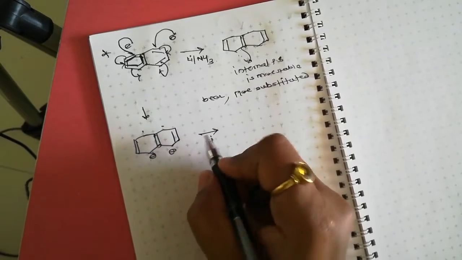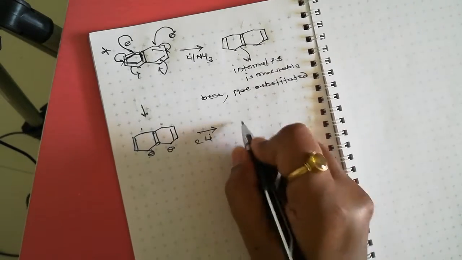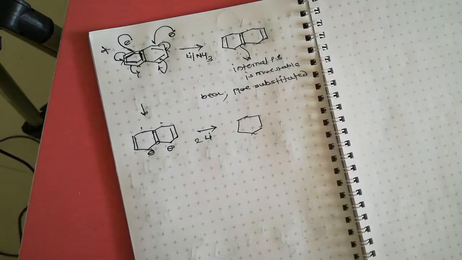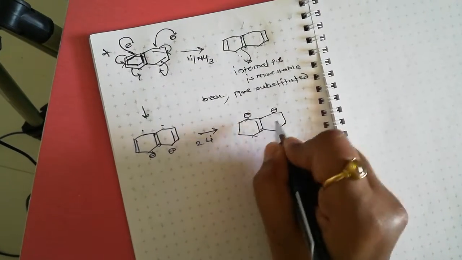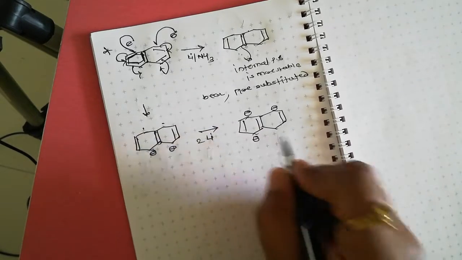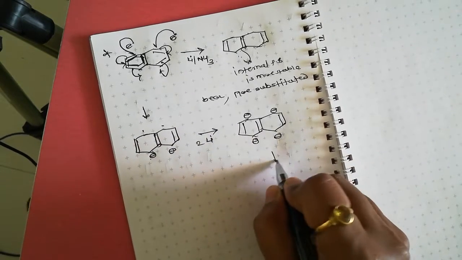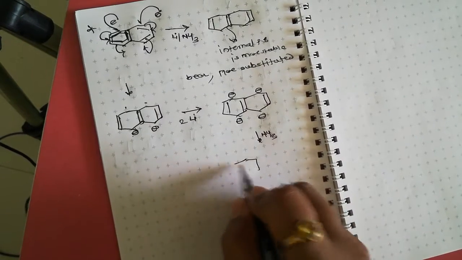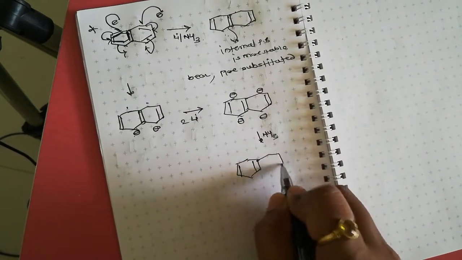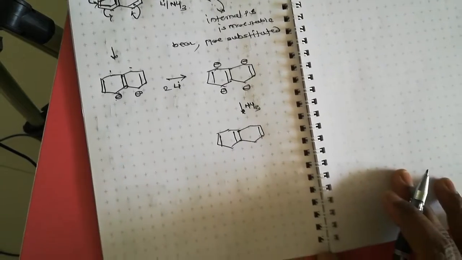Again lithium transfers its electron to these two radicals, and we get four negative charges. Then ammonia transfers its proton to these four negative charges, and we get this product.